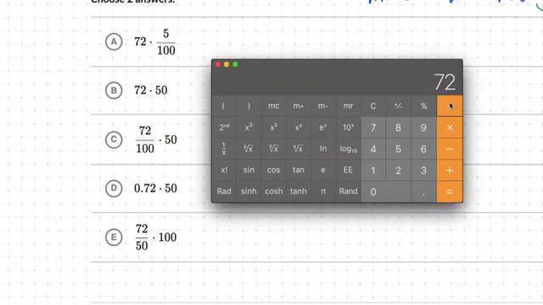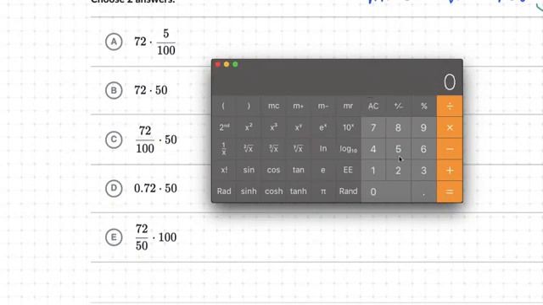Okay, let's do the next one. 72 over 100 times 50. Okay, that got us to 36. So C is one of the answers. And the next one is 72 hundredths times 50. That's also 36. Okay, so C and D could be possibilities.